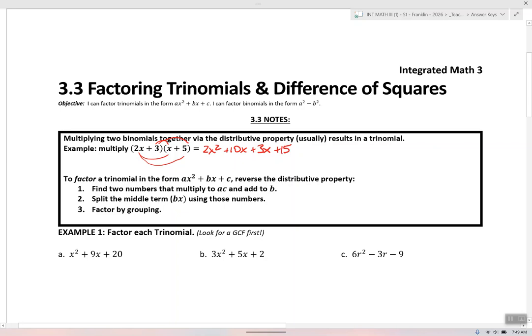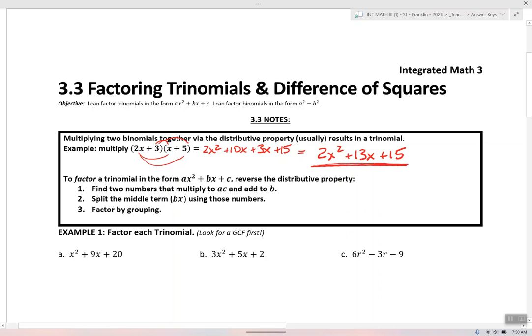After combining like terms, we get 2x squared plus 13x plus 15, which is a trinomial, three terms, in the form ax squared plus bx plus c.